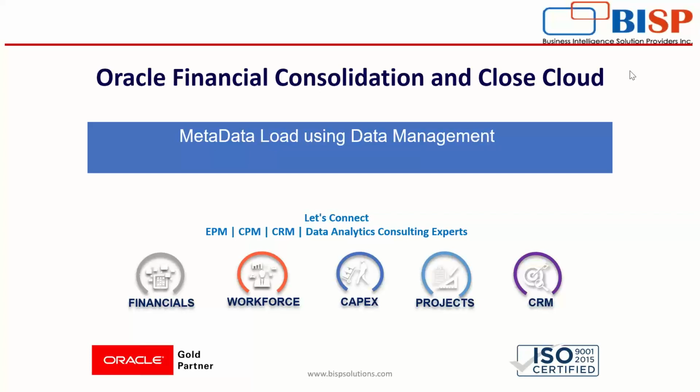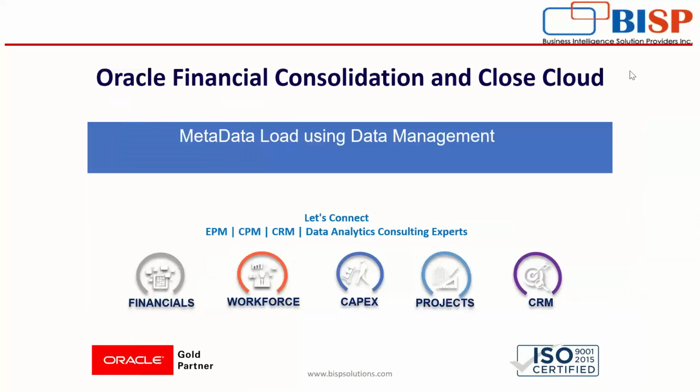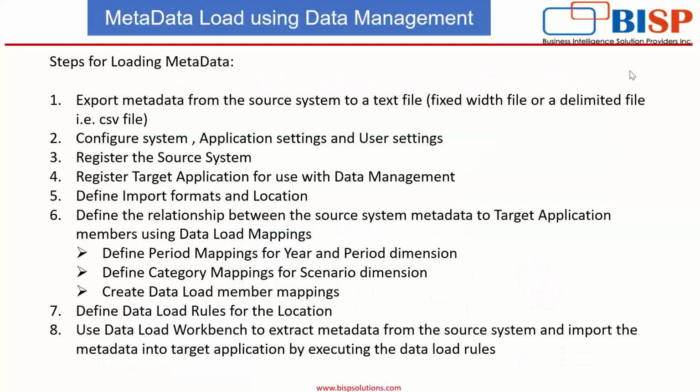Today I'm going to show you metadata loading using data management. So the steps for loading metadata is first we have to export metadata from the source system to a text file or to Excel sheet.